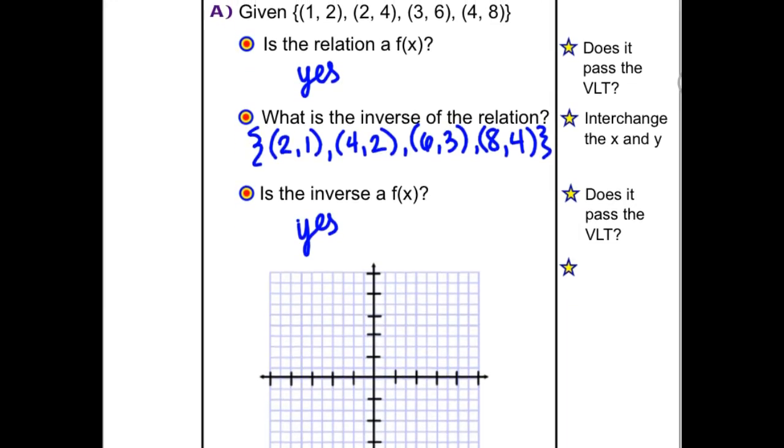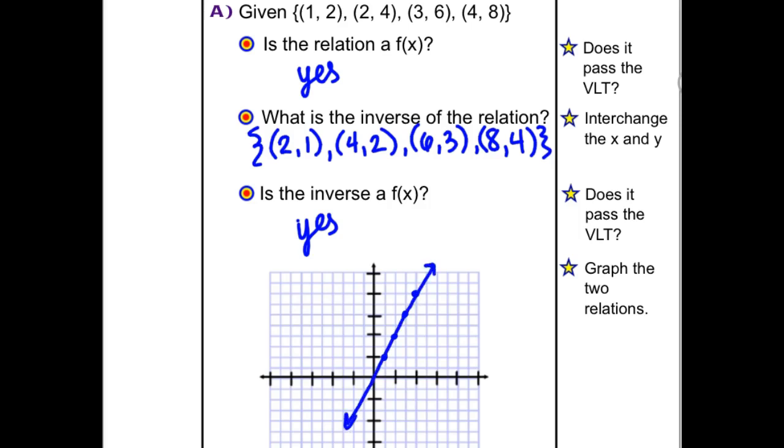And then finally, we want to graph the two relations. So in blue, I'll graph the first one: (1, 2), (2, 4), (3, 6), and (4, 8). We can graph that.